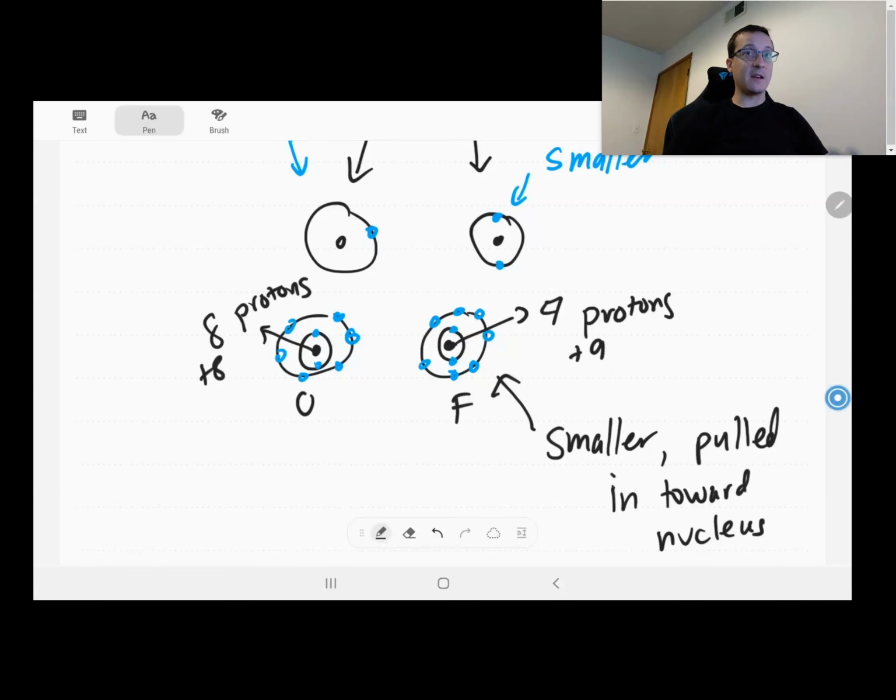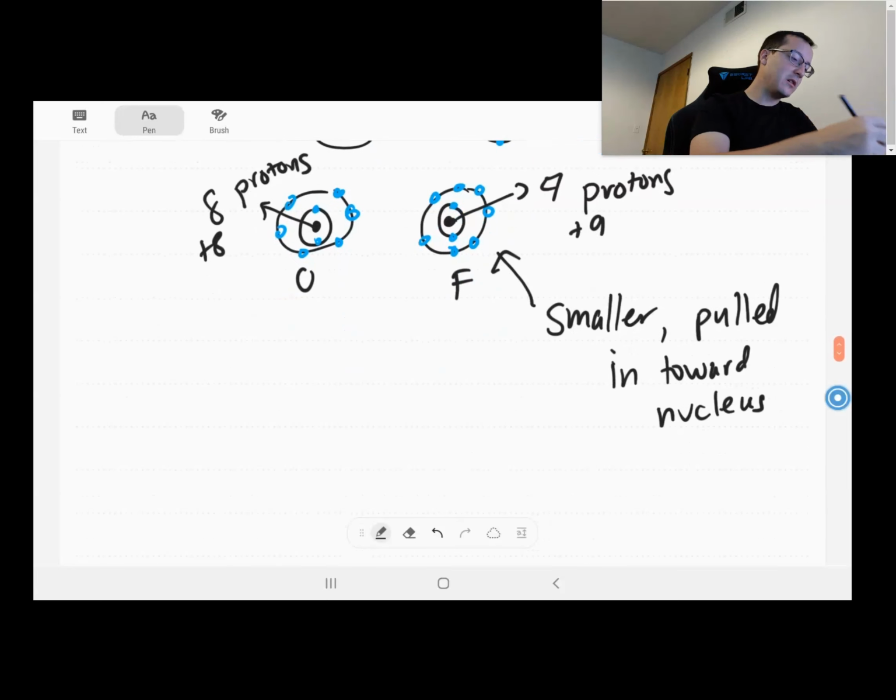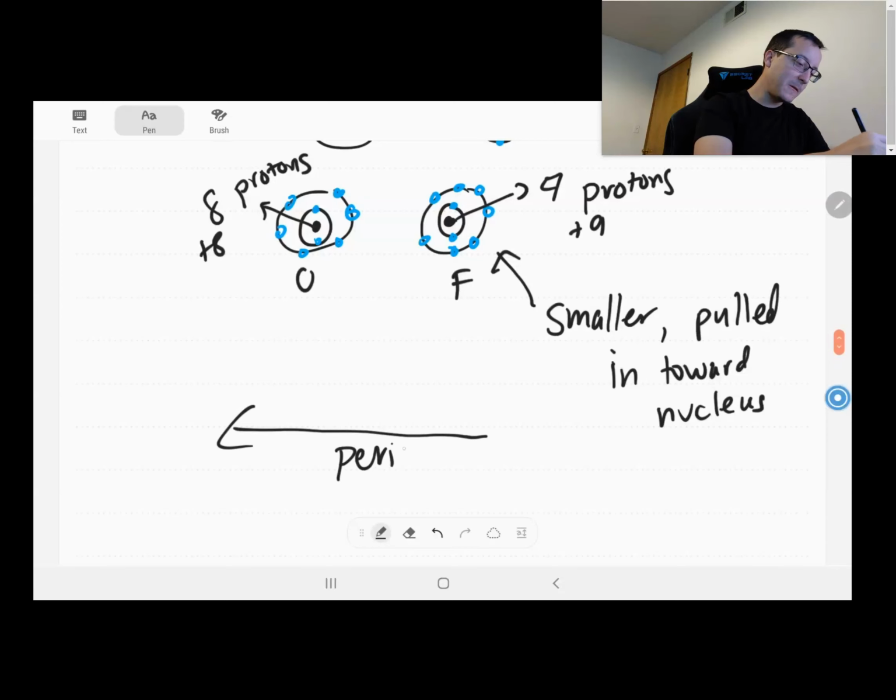All right, so hopefully that makes a little bit more sense. So we can see that as we go to the left on the periodic table... let's see, that's a big manual, isn't it? There we go, I fixed it.